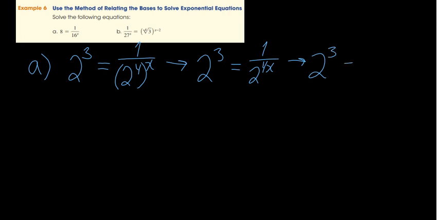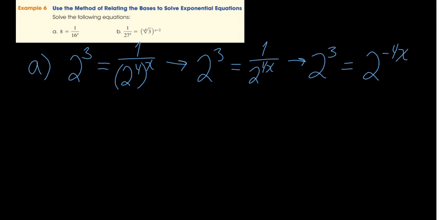But the other one is not. How would I write this side with my base in the numerator? Well, recall your exponent rules. This would just be 2 to the negative 4x power. If you forgot how to do that, go back and check out the prerequisite sections in this textbook.